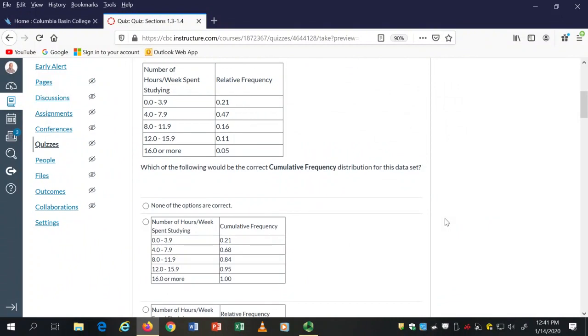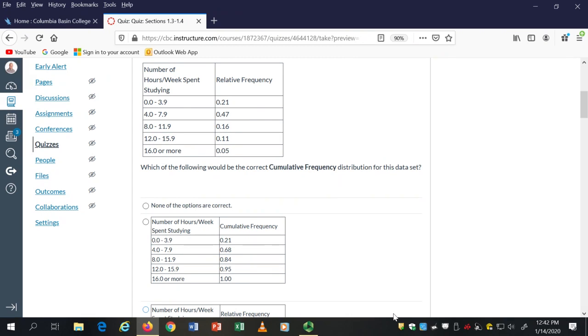A cumulative frequency distribution measures everything at or below a certain observation. So like here, the 0 to 3.9 covers about 21% of the population. And then as you go up, you start accumulating the proportions, and it's telling you everybody that's at or below that new threshold.